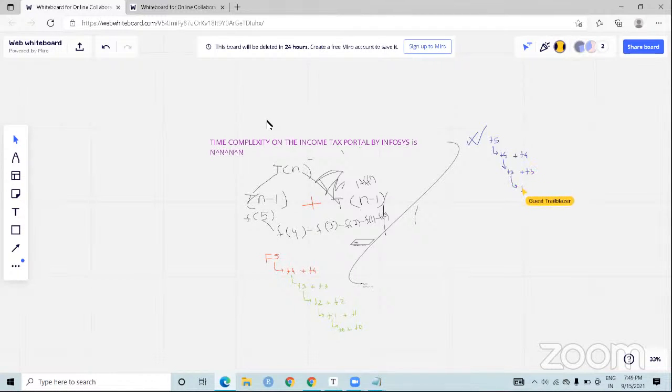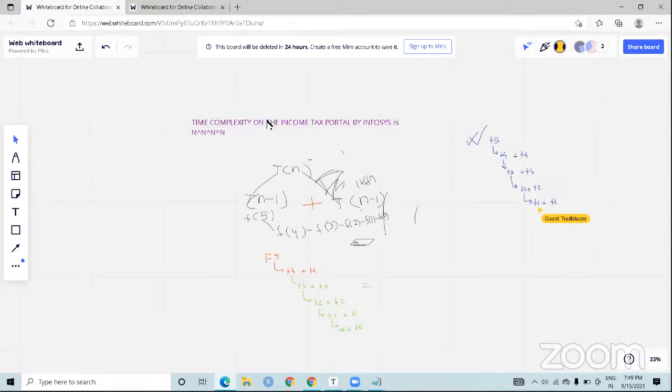So it will become F2 plus F2, and it will again go in the next depth. Then it will become F1 plus F1, plus F1, and then again it will go in the depth. So it will become F0 plus F0. Isn't it, sir?